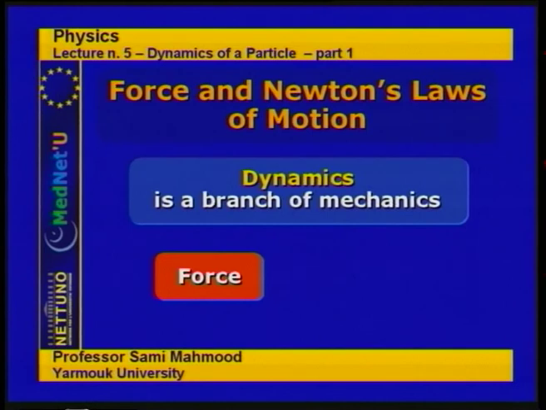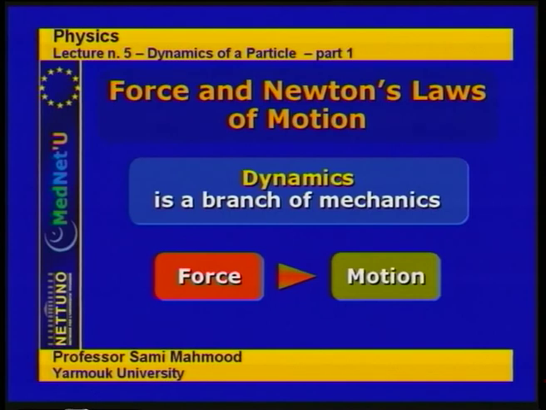What is dynamics? A good question. Dynamics is the branch of mechanics that relates force to the motion. Objects around us are acted upon by forces sometimes, and these forces acting on these objects push these objects to move or to change their motion.